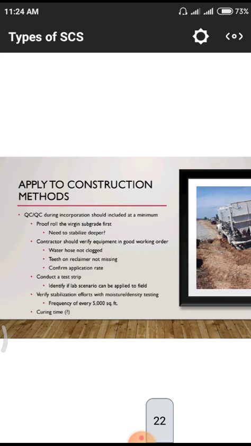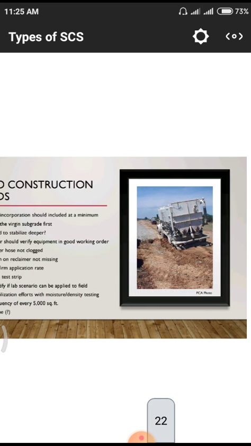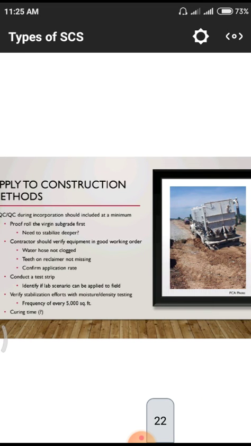This is another example. QC during the incorporation should have a minimum quantity of knowledge. Proof roll the virgin subgrade. If there is no proper work, automatically the vehicle will sink like this. The contractor should verify the equipment is in good working order.